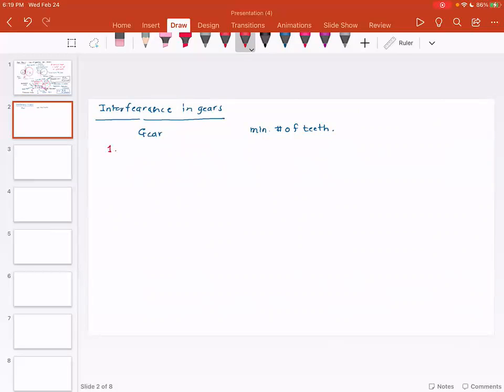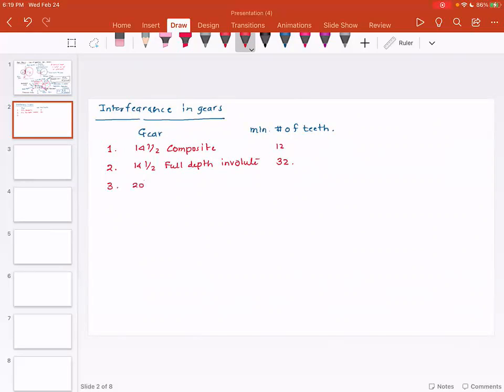So if the gear is, for an example, 14.5-degree pressure angle composite, then the minimum number of teeth is 12. If the gear is 14.5 full depth involute, then the minimum number of teeth is 32. If the gear is 20 degree full depth, then the minimum number of teeth is 32.